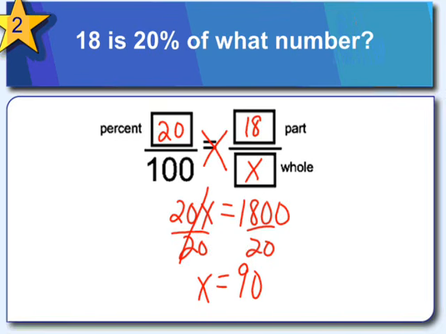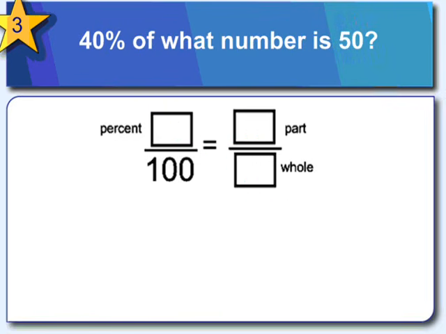Okay, this is really easy. Let's do one more and then we'll do some application questions. So 40% of what number is 50? So what do we know? We know the percent. 40% of some number is 50. And to solve this, we're just going to cross multiply.